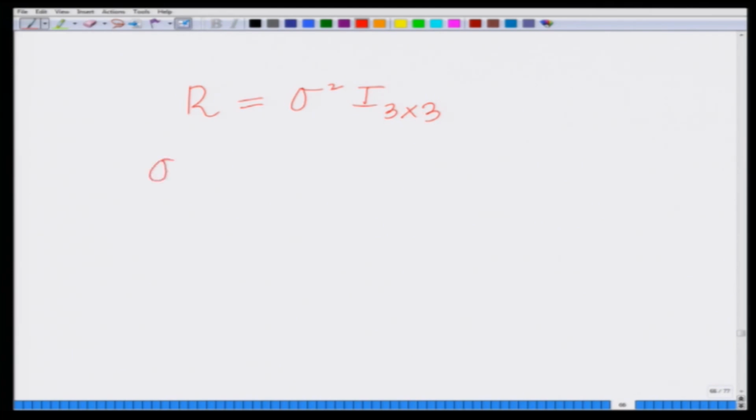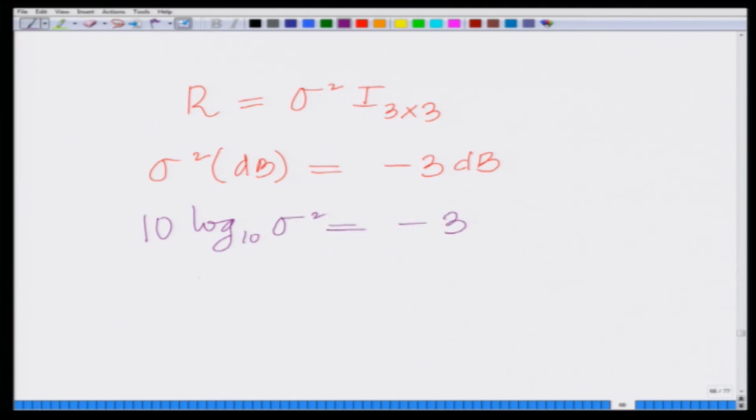Here we are given that the noise variance in dB equals minus 3 dB, which implies 10 log 10 sigma square equals minus 3, which implies sigma square equals 10 power minus 0.3, which is approximately equal to half.